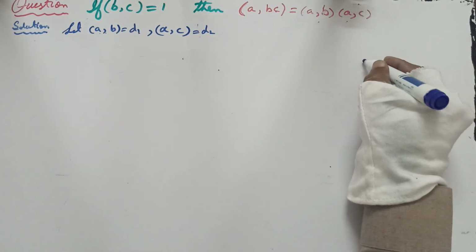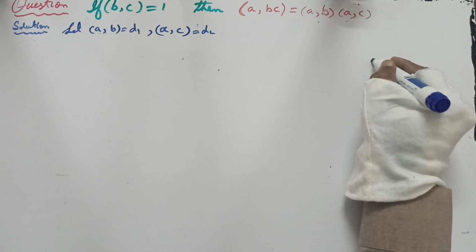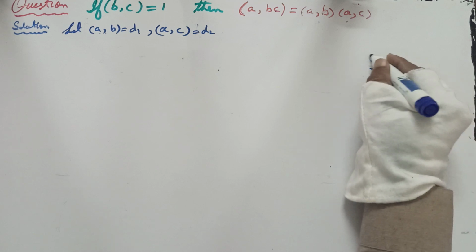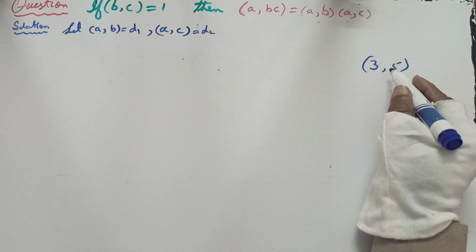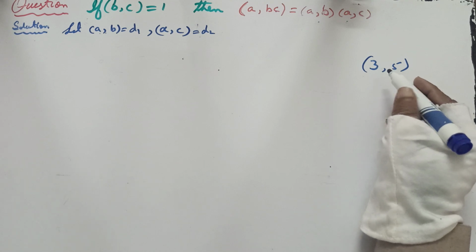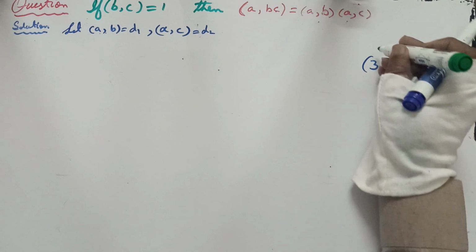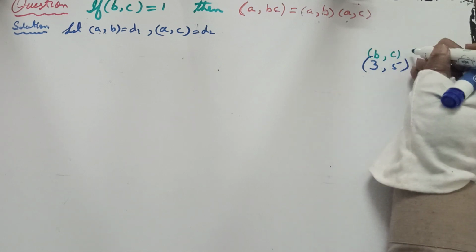For example, I have two relatively prime numbers, 3 and 5. Suppose this is B, and this is C, they are relatively prime.